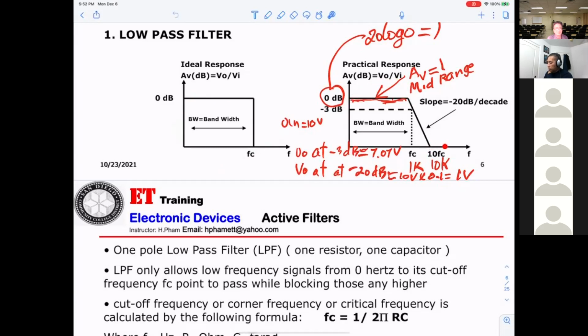Ideal is how something should work theoretically, but from a practical standpoint, that's not how these filters work. They don't drop sharply. These are practical. That means they drop 3 dB right at the critical point, at the cutoff.